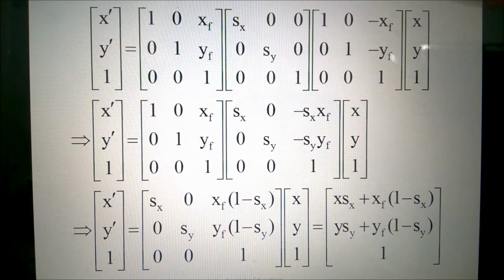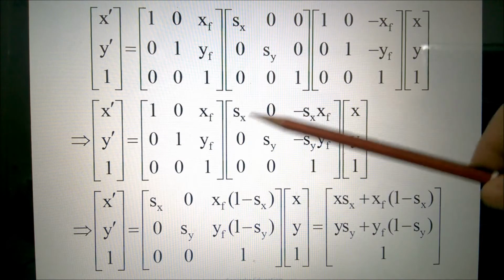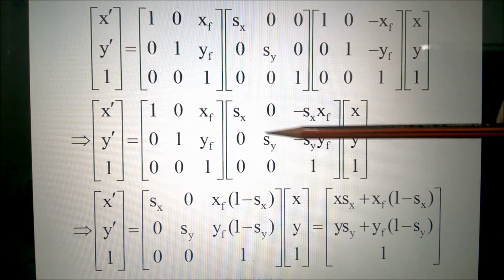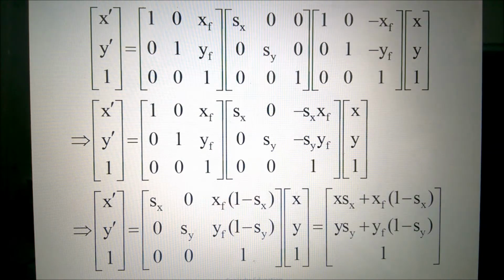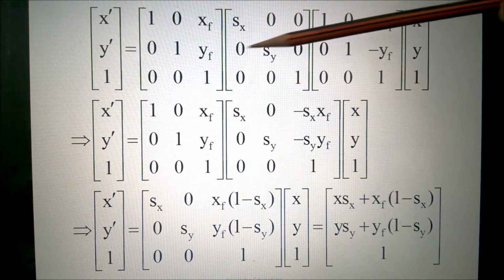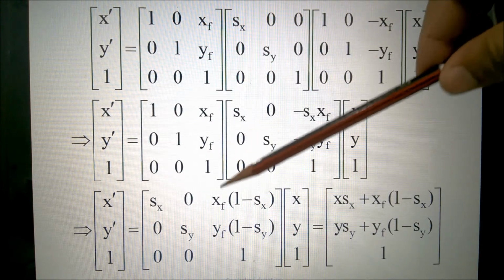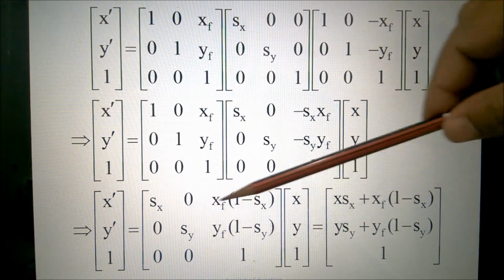If we multiply one by one, we get this matrix, and this matrix is multiplied with this matrix. What is the advantage? You can see there are 3 matrices, and after multiplication we convert them into a single matrix, and that is called the transformation matrix.